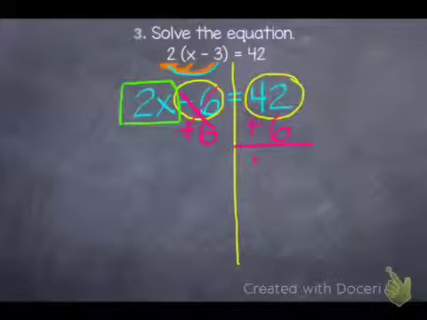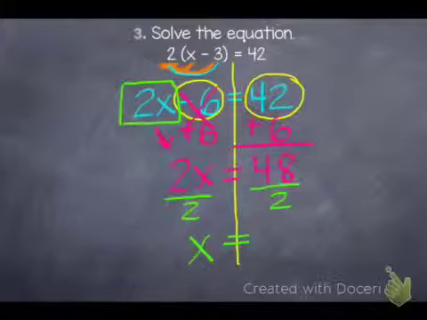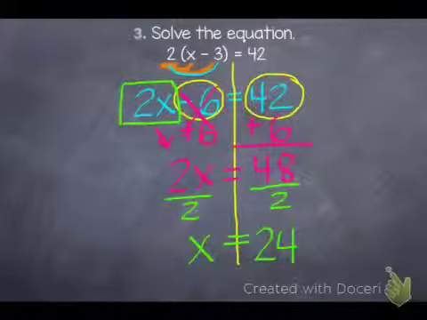So this becomes 48 on this side, and I'm going to bring down 2x, which is still left over here. So now we have x being multiplied by 2, so to get rid of multiplied by 2, we're going to divide by 2, the opposite. So x is going to be equal to 48 divided by 2, which is 24, and that is our answer. x equals 24.